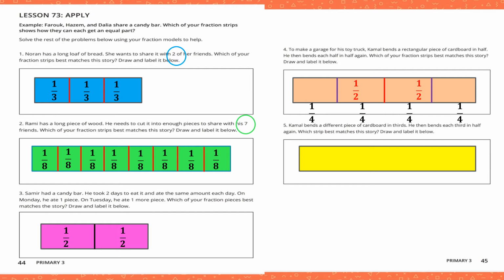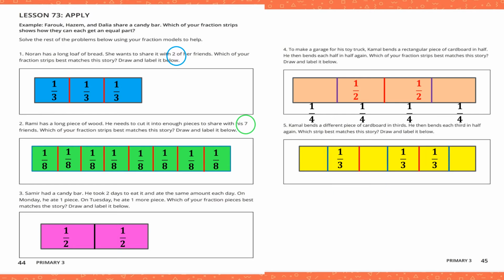He cut it into thirds. Thirds means 3 equal parts. Then he bends each third into half again. Focus here. We have 1/3 here, 1/3 here, and 1/3 here. Then he cut each third into half, like this.